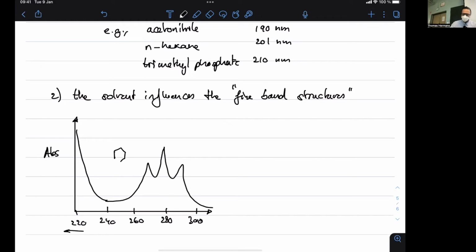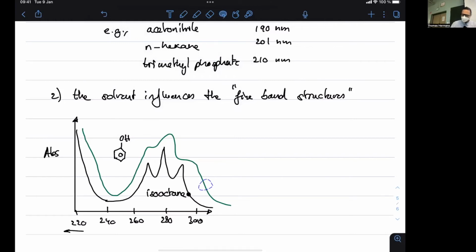This is the spectrum for phenol in a solvent called isooctane. Okay, so now if I take the same molecule, but I put it in ethanol, I will get something like this.